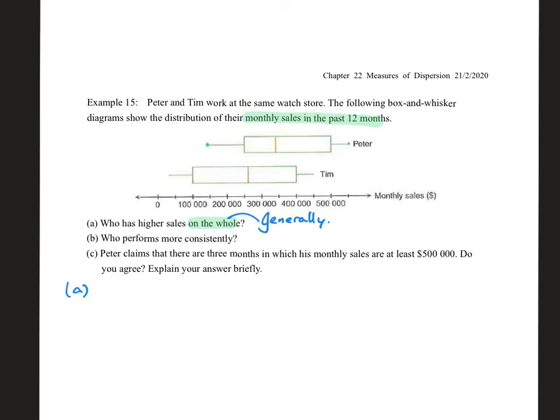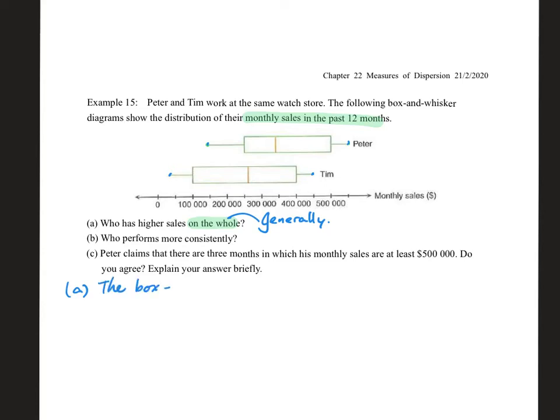You will see that Peter's box and whisker diagram is almost lying on the right of Tim's one. When you compare minimum value, Peter's is on the right; maximum value, Peter's is on the right; also the other figures.